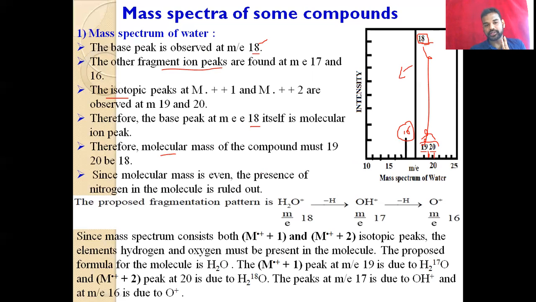And then the second point, the abundance of the isotopes. For example, if we have carbon in a compound, then we can go through the isotopic peak. In the isotopic peak, carbon 12, carbon 13, and carbon 14 are the isotopes.